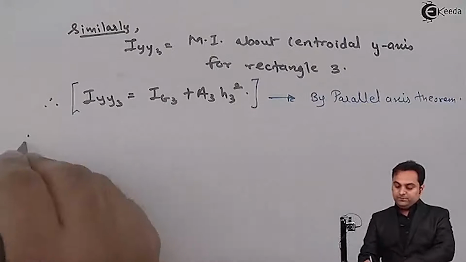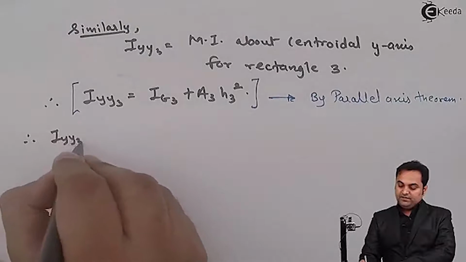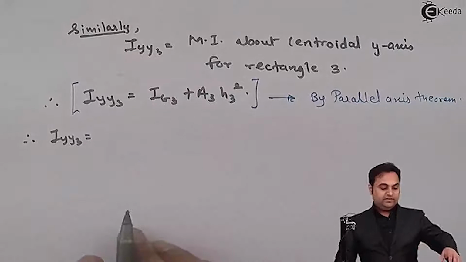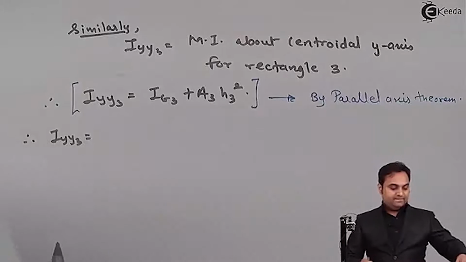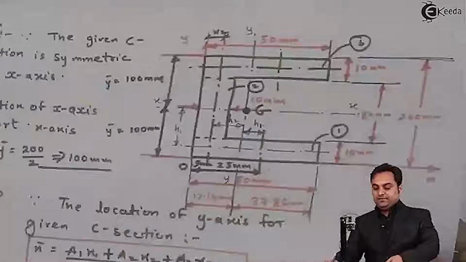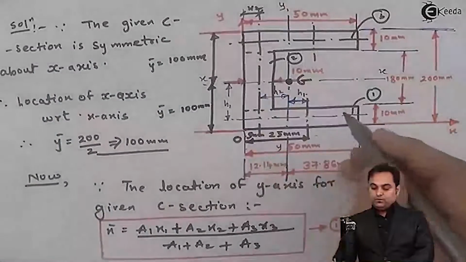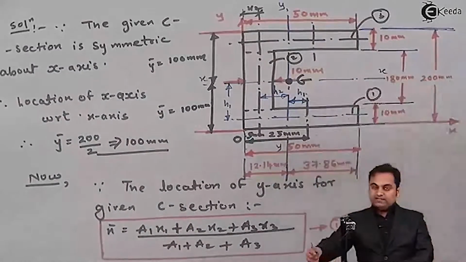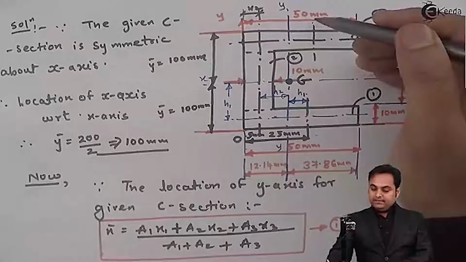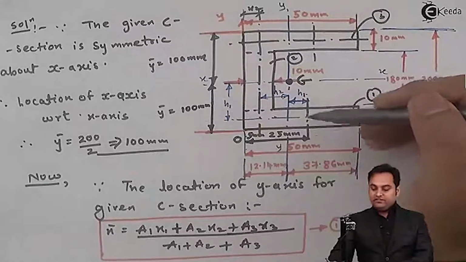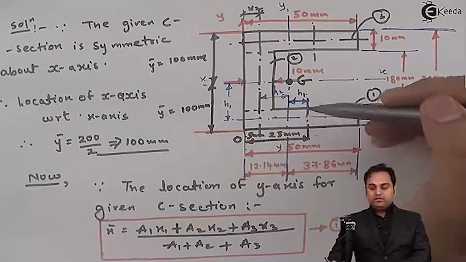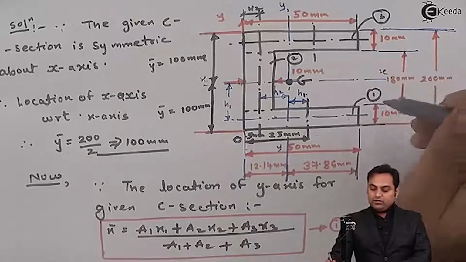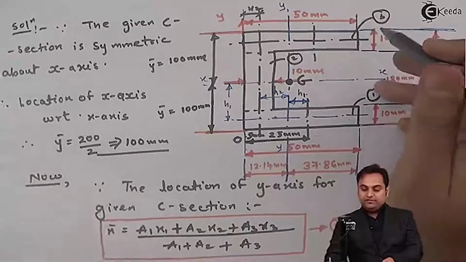Now here we can see that as the section is symmetric, the distance of the y-axis for rectangle number 3 is at 25 as it was for the first. So whatever answers we are getting for rectangle number 1, the same will be for rectangle 3.